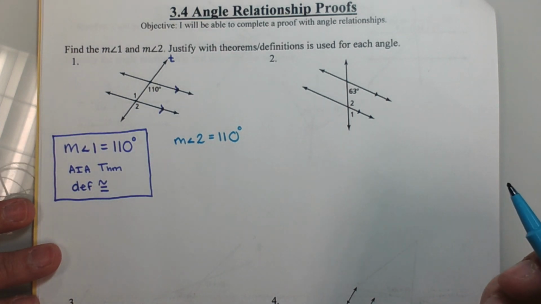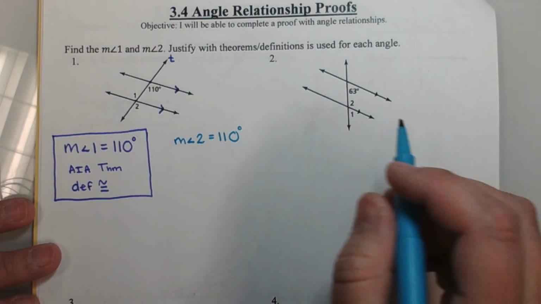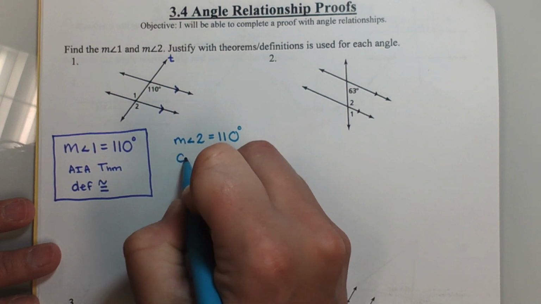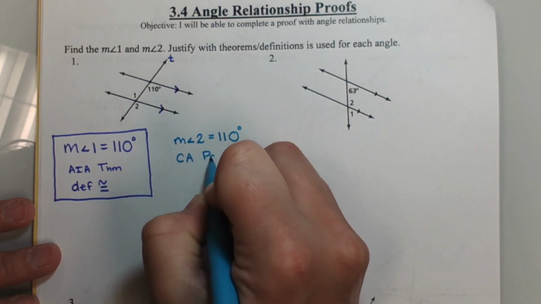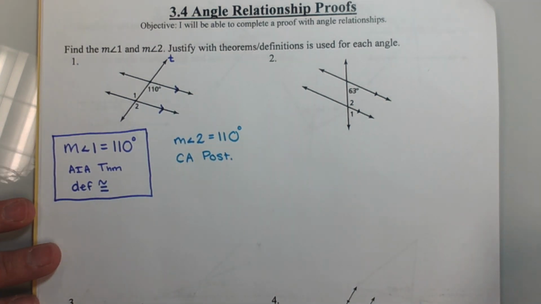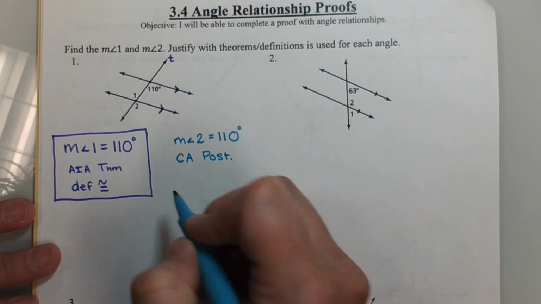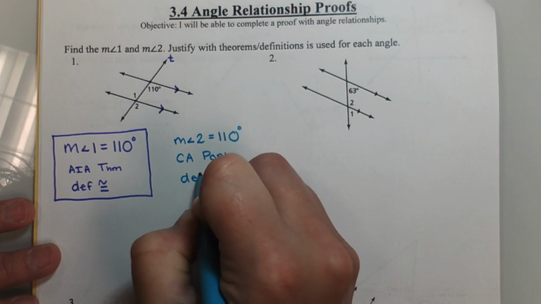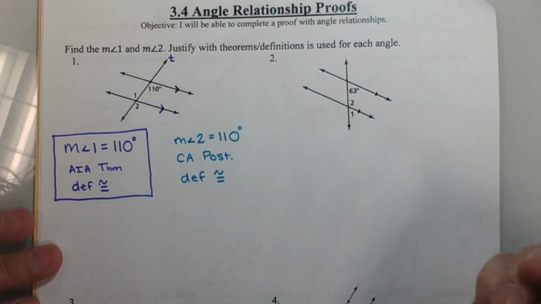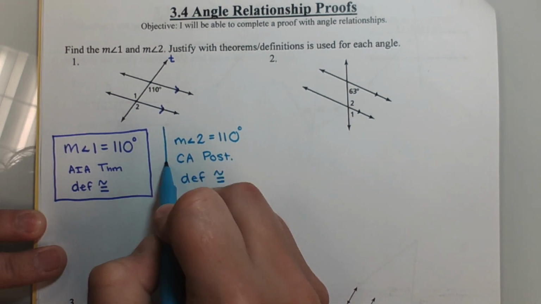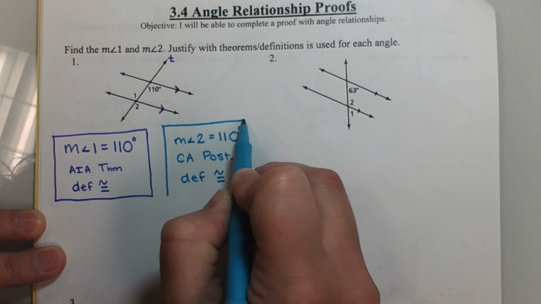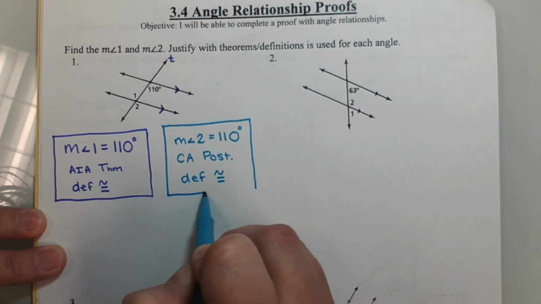They're not. A lot of them will be. And that was corresponding angles, so we used a corresponding angle postulate. And since it said they were congruent in the postulate, we did also have to use definition of congruent. If it said something other than congruent, then that's when we're not using definition of congruent.